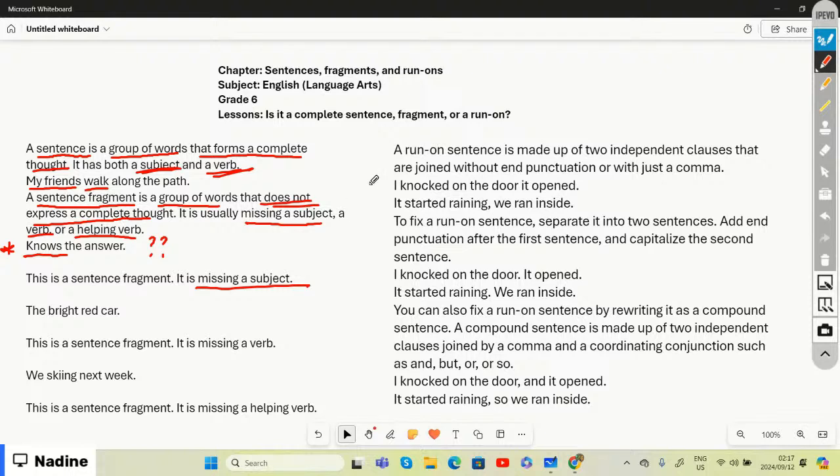If you look at the next sentence, it says, the bright red car.